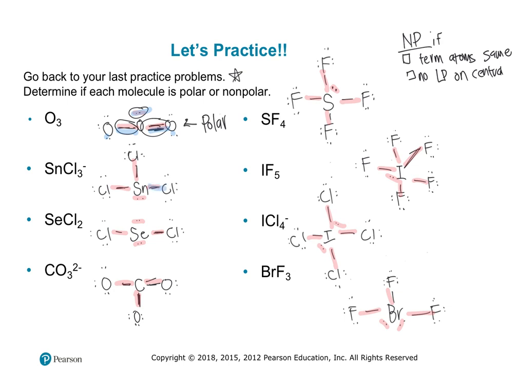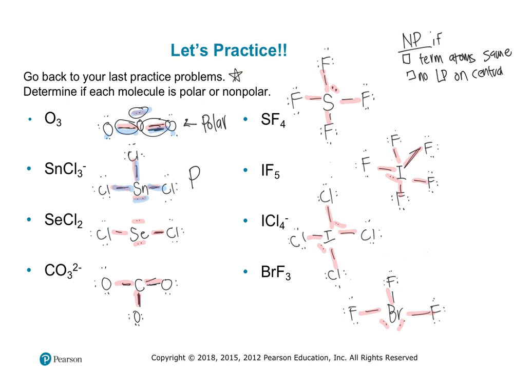All of the terminal atoms are the same, but it does have a lone pair as well. So in this case, we also have a polar molecule. That's due to the fact that this is trigonal pyramidal, so we have a lone pair in the up direction where that would cancel out for tetrahedral, and so this one is asymmetric.